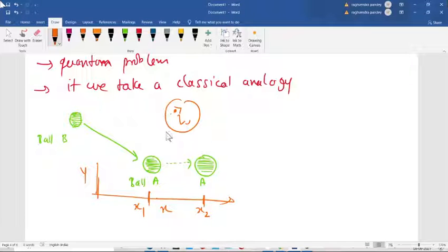So that was the initial position, and that is the final position. But the observer will observe the final position here, not the initial one, because the energy of ball B has displaced ball A from x1 to x2. So the original position was x1, the observed position is x2.